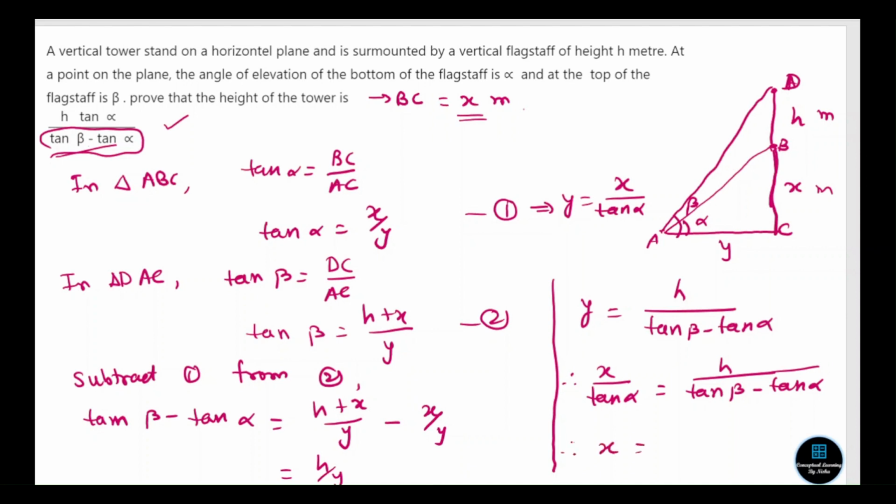So tan alpha goes the other side by multiplying it by h. So x equals h tan alpha upon tan beta minus tan alpha. See, we have proved it. Correct? So this is nothing but the height of the tower. Correct? So it is proved. Very easy question. Right? So remember, this type of question, the hint is given in your answer itself. So observe it correctly. Alright? Okay, perfect.